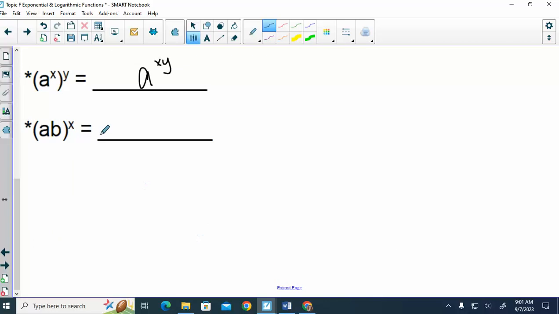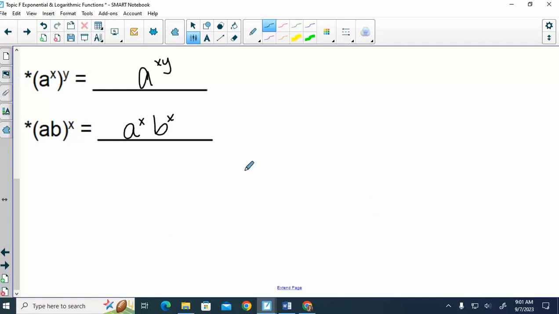And finally, if we have one term inside the parentheses and an exponent on the outside, what do we do with that exponent? You guys remember doing most of this, hopefully?